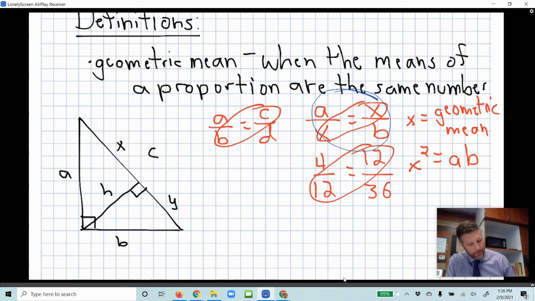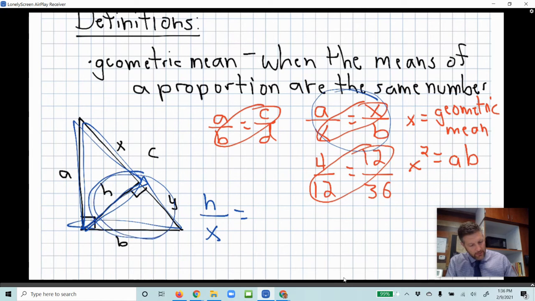Okay, say I wanted to compare this triangle to this triangle, the two little ones inside. And so I've got the triangle up here, and I want to compare the short leg to the long leg. So I might say h over x equals, and then I want to compare it to these right here.